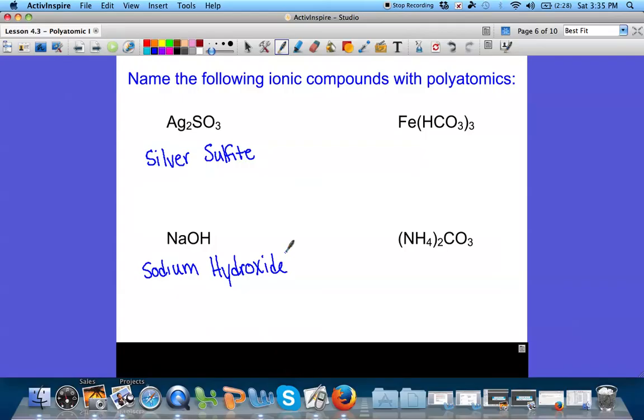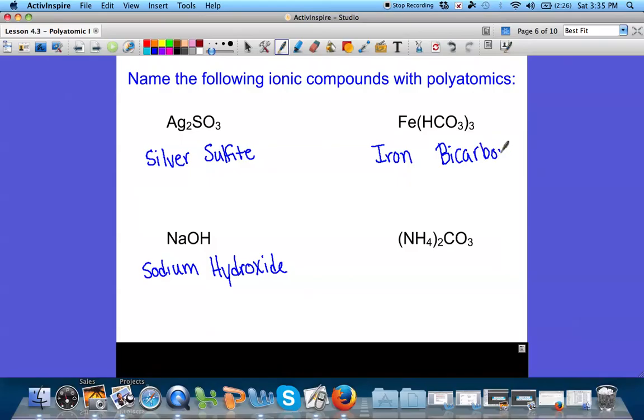And then we have Fe(HCO3), and this is going to be iron bicarbonate or hydrogen carbonate, either one of those work.